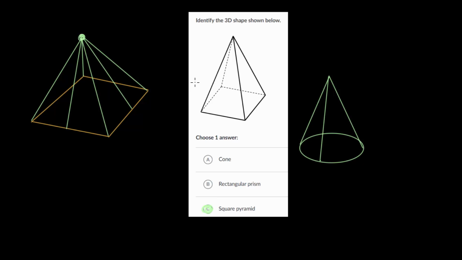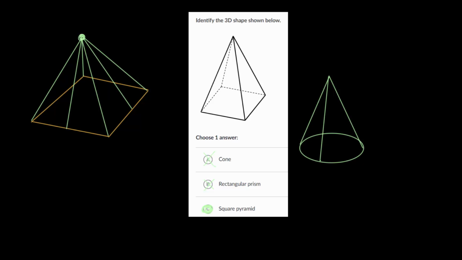All right, we know it's not a prism because prisms would translate perfectly above and you'd have another rectangle or a square at the top. And we know it's not a cone because it doesn't have a circular base. So that's how we know for sure that this is a square pyramid out of the three choices. But you don't just have to have a square for your pyramid.